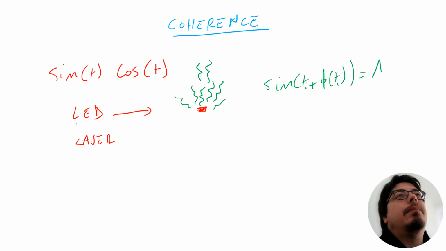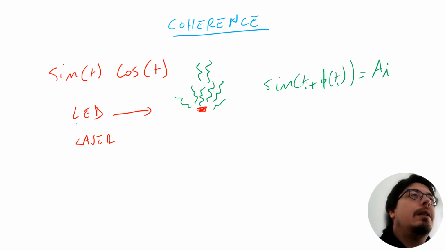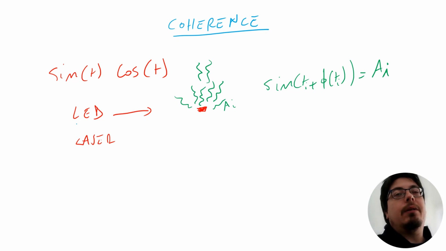And this is the amplitude I. For each of these we have an amplitude I, which could be a complex number. In this case, it is a complex number with the imaginary part equal to 0.